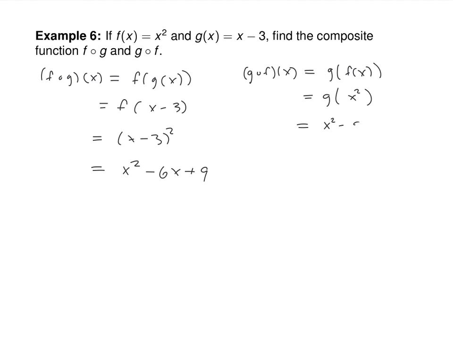Yep, okay. And the thing to note is that f of g is not equal to g of f. Does that make sense? When I flip-flop the order, they're not equal. In general, they're not always equal to each other. It's called a non-commutative operation. The order matters. In some special cases, they are equal, but we'll talk more about those later.